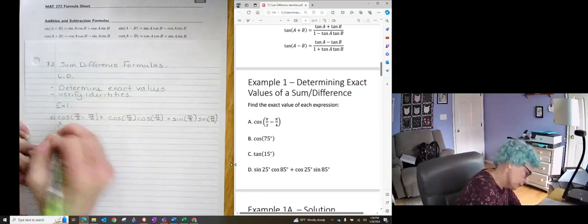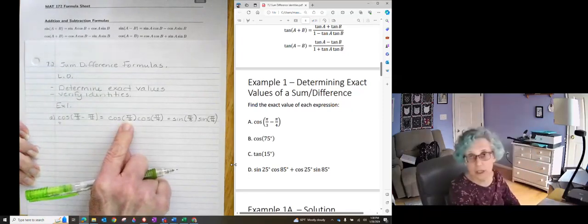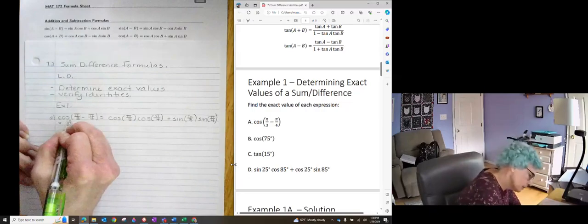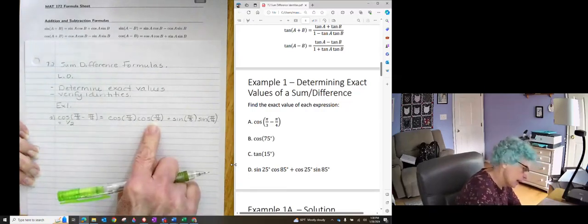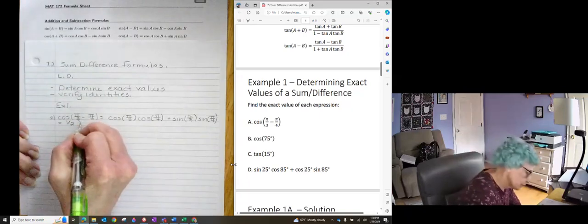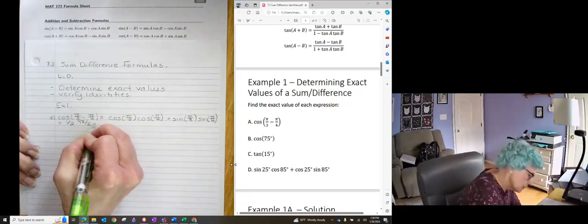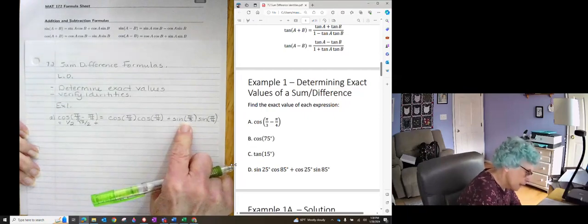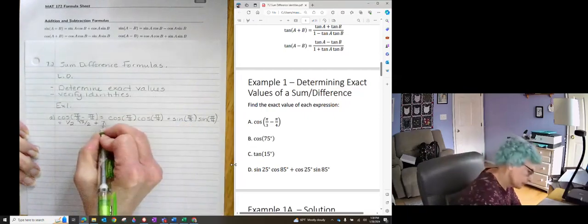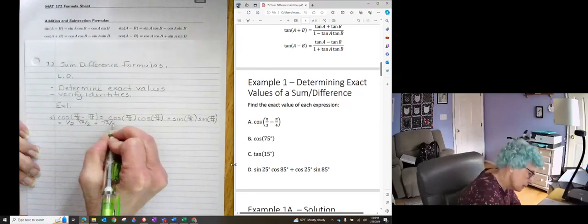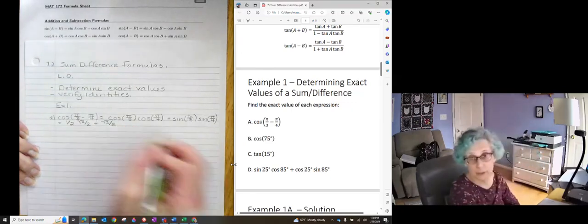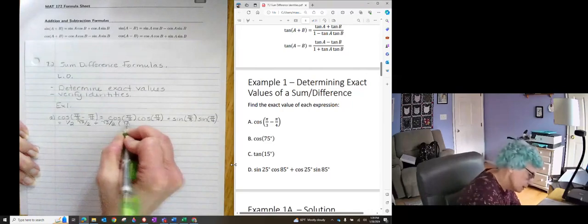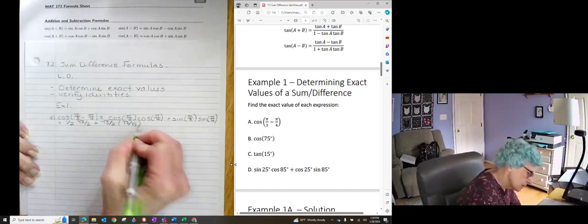So, cosine of pi over 3 is 1/2. Cosine of pi over 4, square root of 2 over 2. Sine of pi over 3, well, has 3 in the denominator, so it's square root of 3 over 2. And sine of pi over 4 is square root of 2 over 2.